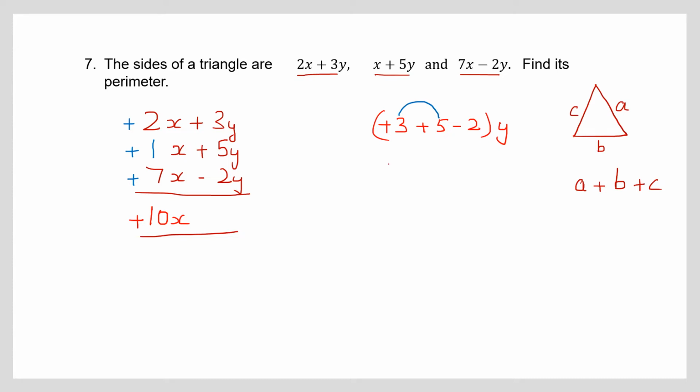So I will get plus 8 minus 2y. When signs are different, put the sign of the bigger number and subtract. 8 minus 2 is 6. So we get plus 6y. So the perimeter of this triangle is plus 10x plus 6y.